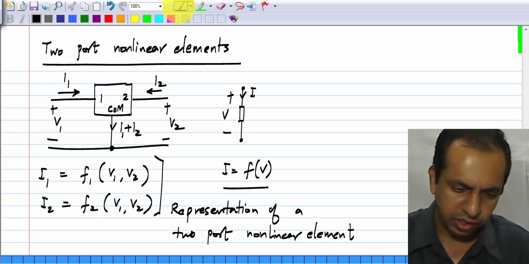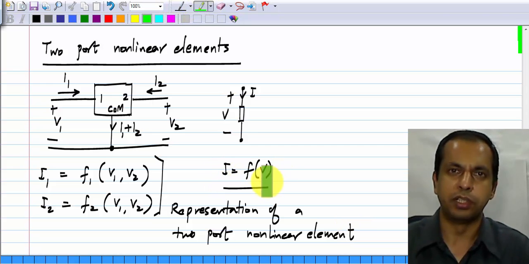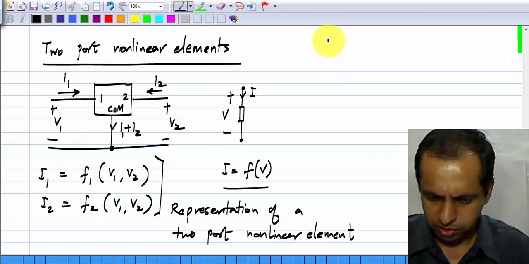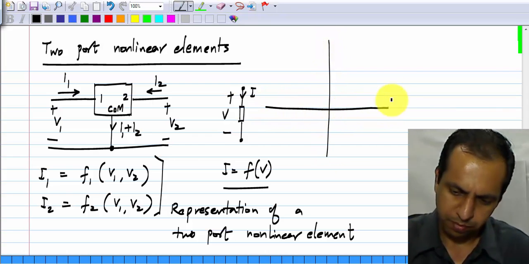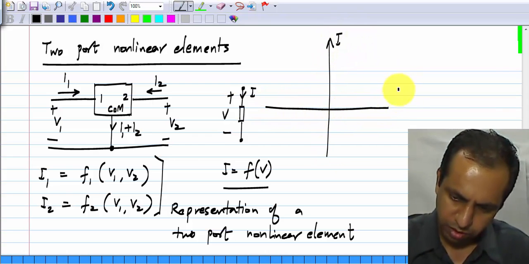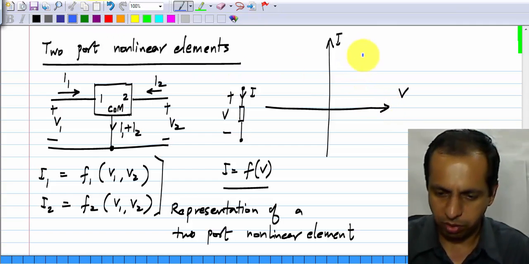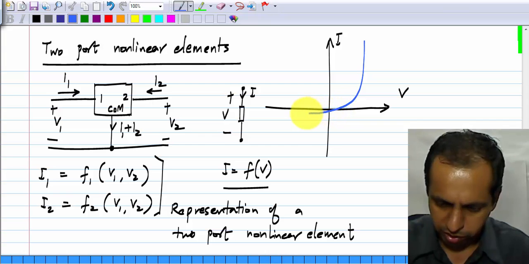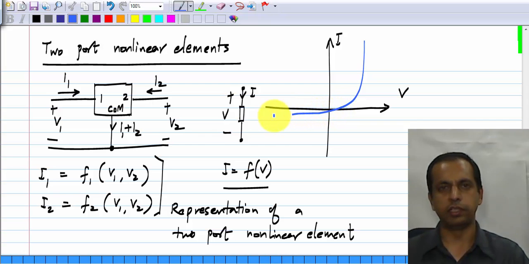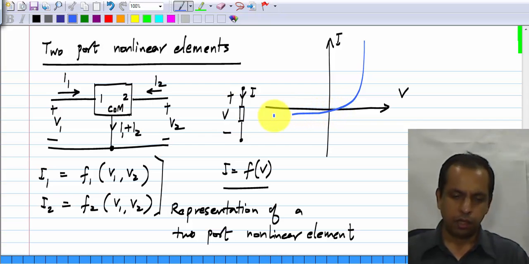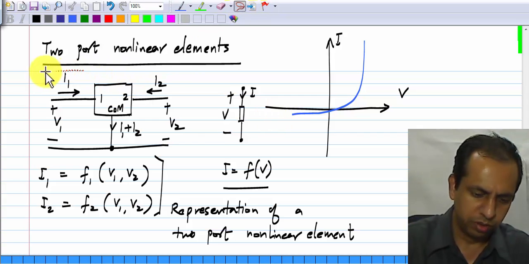Now, for a single port nonlinearity, we could give this expression. We could also draw a graph, I versus V, and for the particular example of the diode, it happened to be like that, although we can have anything that we want. We can make a similar graphical representation for the two port.